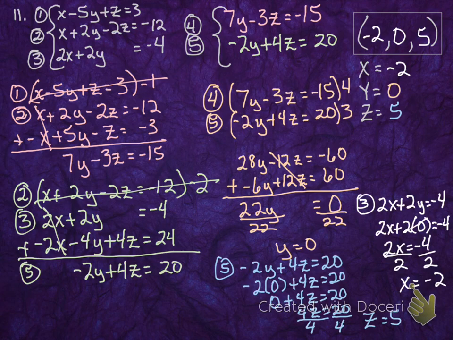Alright, let's look at problem number 25. Let's stop right there for a second. This says, the sum of 3 numbers is -2. So x plus y plus z is -2.